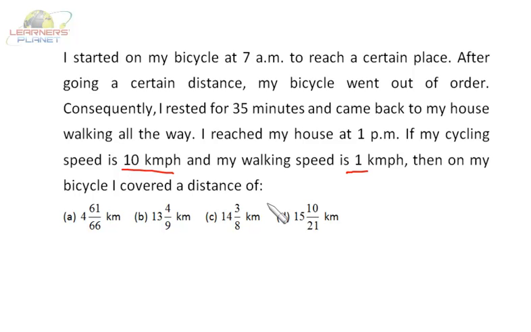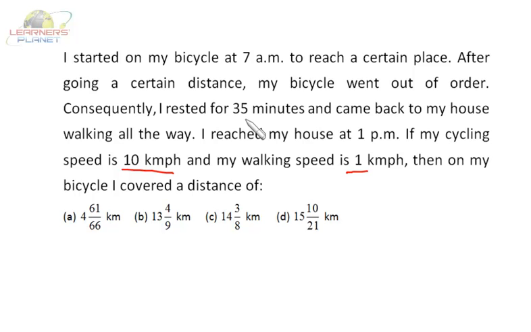Okay. Now friends, on bicycle and on walking, in both the time this person is covering the same distance. And the total time which is taking is from 7 a.m. to 1 p.m. is 6 hours. And in this duration, he is taking a break of 35 minutes. That means out of 6 hours, 35 minutes he is taking break.